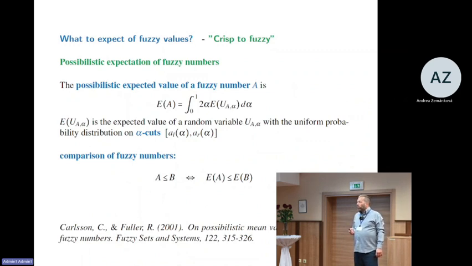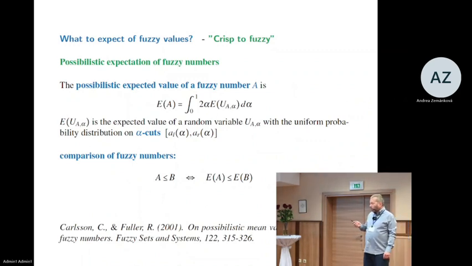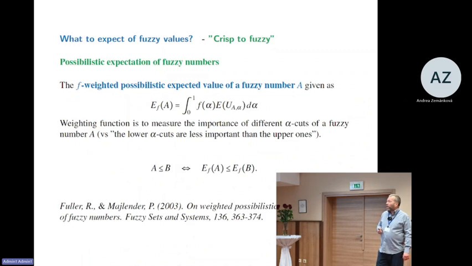What is the motivation for this is actually to compare two fuzzy numbers based on their expectations. And we obtain here basically some sort of a horizontal ordering. We will talk about orderings later. I will tell you later what is the idea with these orderings.